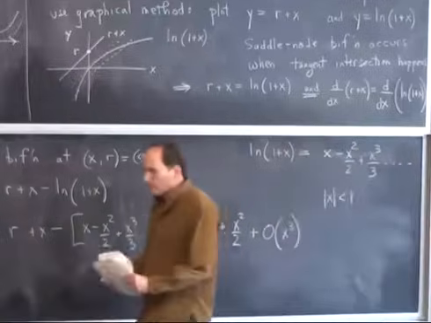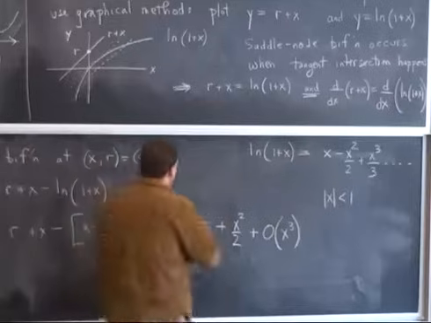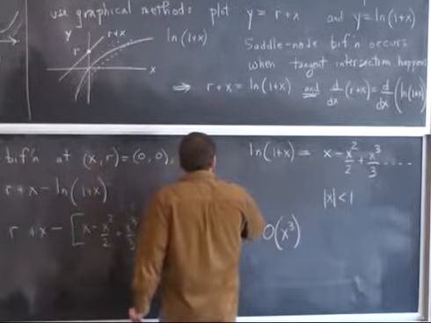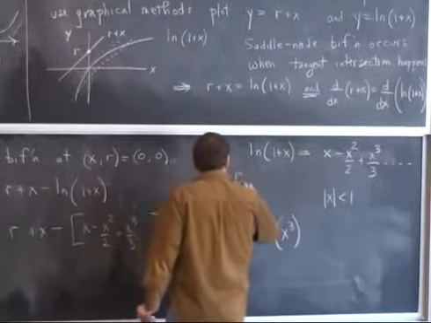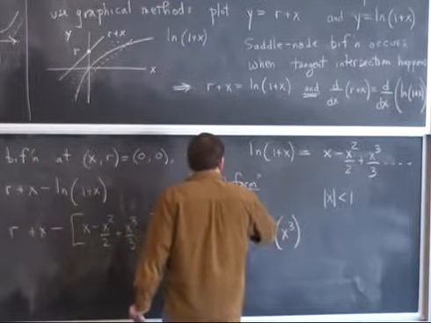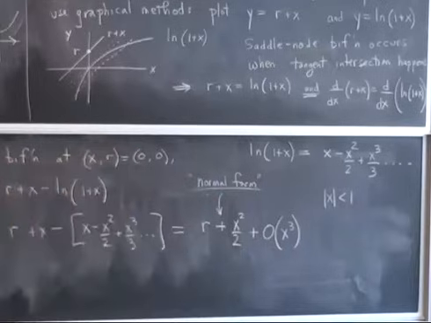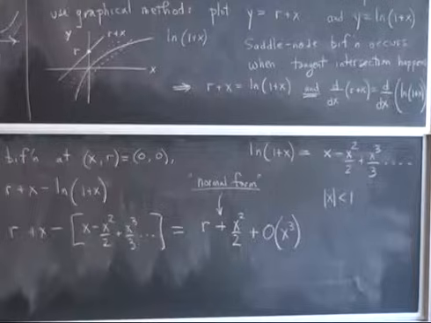And so people refer to this r plus x squared example as a normal form. And there's a whole theory about what the vector field will look like near a saddle node bifurcation. That gets technical, and I don't want to really give you a precise statement of it.